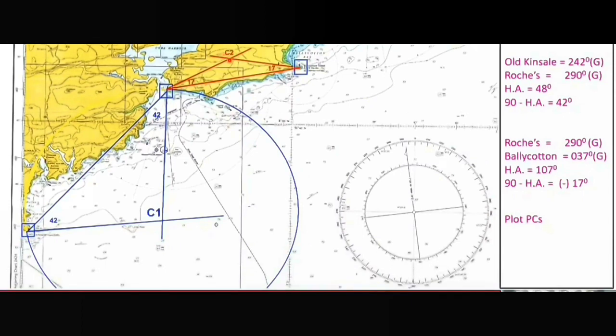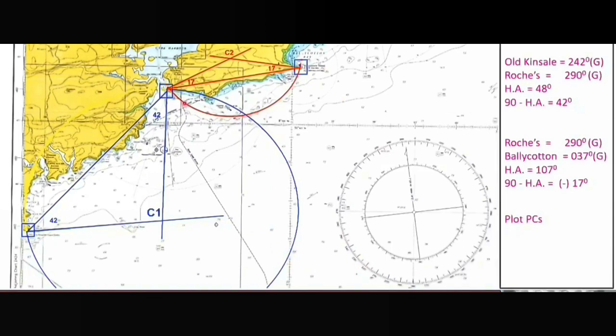We get C2 as the center of the position. With C2 as the center and its distance either to Roche's Point or Ballycotton Island acting as radius, we draw the position circle only on the side on which the ship exists. The ship lies on this side of the baseline, so the position circle is drawn only on this side, that is the sea side.